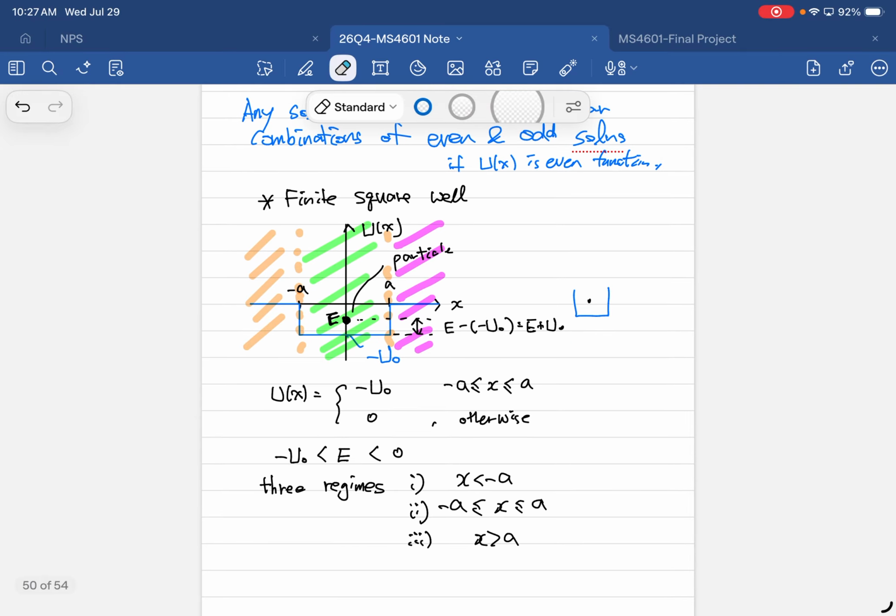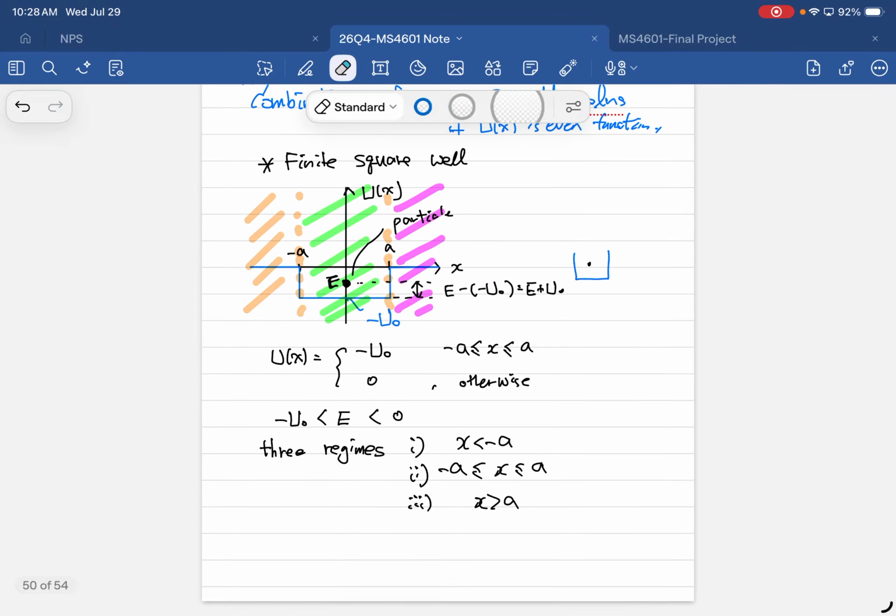Also, if you look at this potential description, you can tell whether it's an even function or odd function. The potential description here is an even function. Do you see that here? U of X is an even function, because it's mirrored along the y-axis. So we can use the theorem that we just proved.